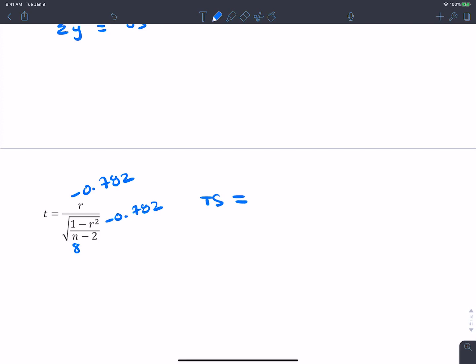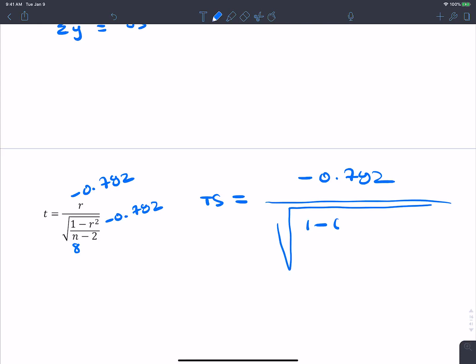Your test statistic should be negative 0.782 divided by the square root of 1 minus negative 0.782. Raise that to the second power over, was there 8 data values? I believe so. Wasn't there 8? Double check. All right, now can I replace this 8 minus 2 with just a 6, by the way? Would that bother anybody? Okay, good.